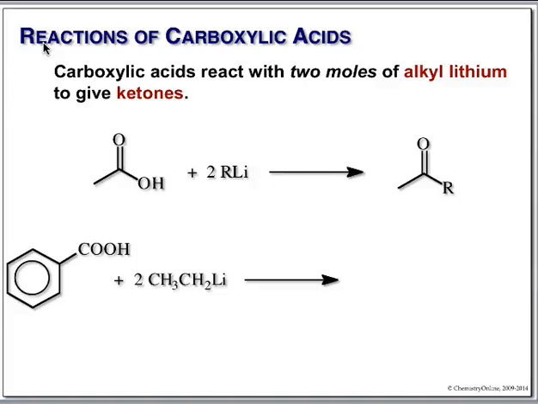The second one, however, is now a nucleophile. It will attack the carbonyl carbon here and make the ketone. Here's the ethyl group that you attached to this carbonyl carbon. Any questions?